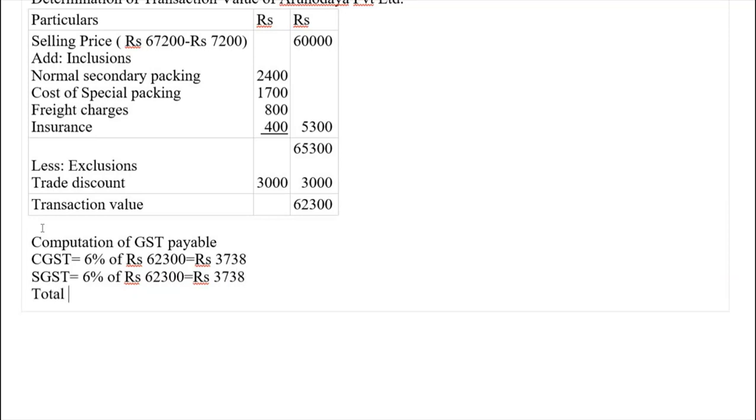So total GST payable equals rupees 3,738 plus 3,738, that comes to 7,476 rupees. So this is the total GST which is payable on a transactional value.